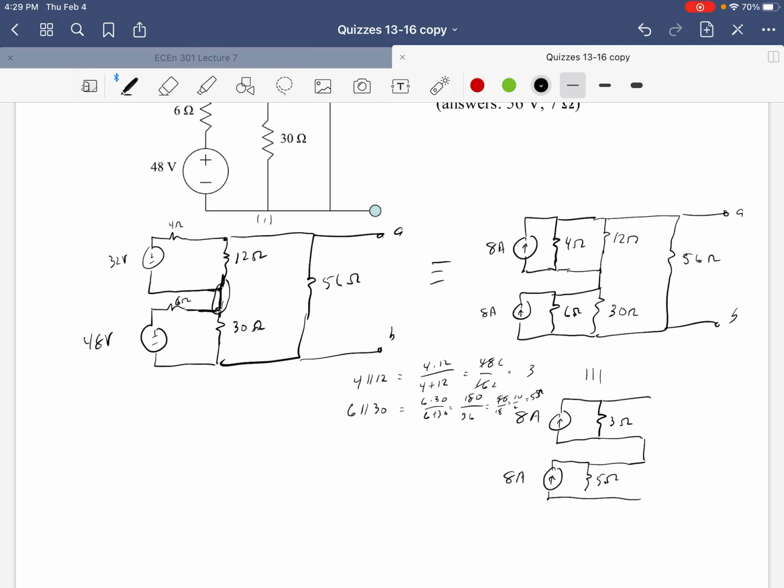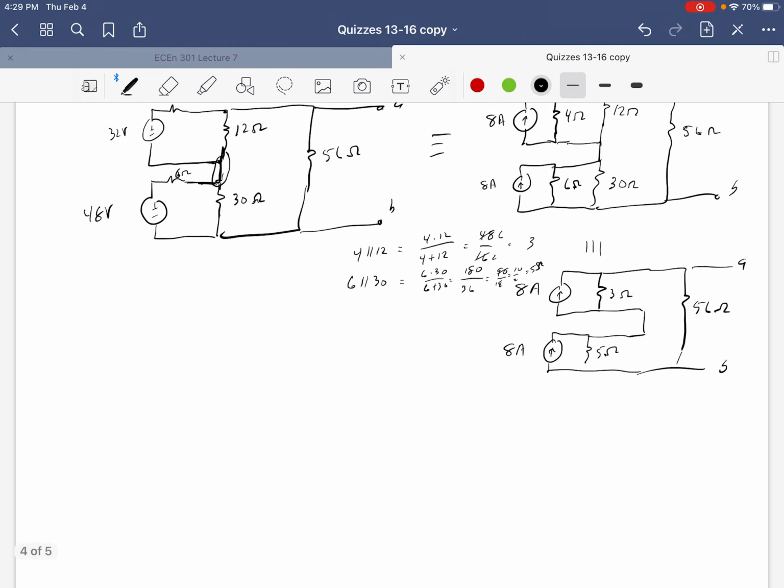Those are connected here with this 56 ohm resistor, A and B. And let's see, so we'll just come back this way. We'll do a source transformation again here and here. And so when we do that source transformation, we're going to get 8 times 3, which is going to be 24 volts.